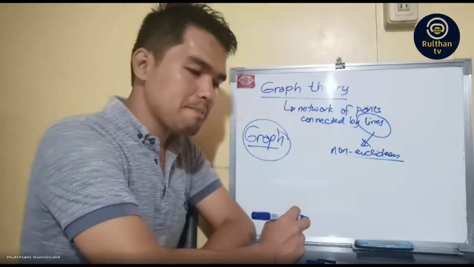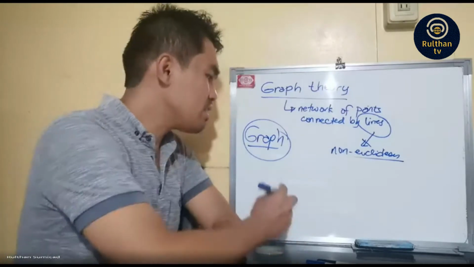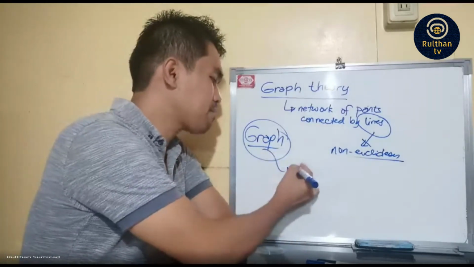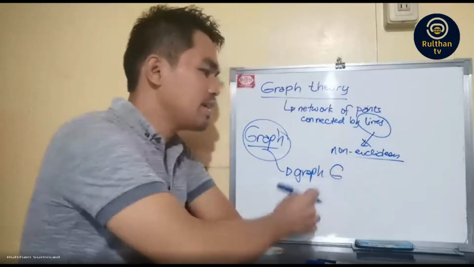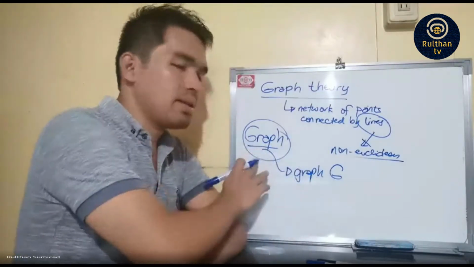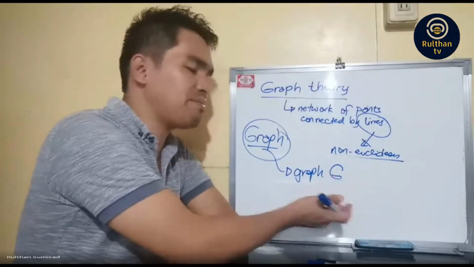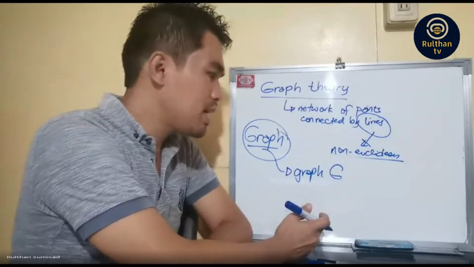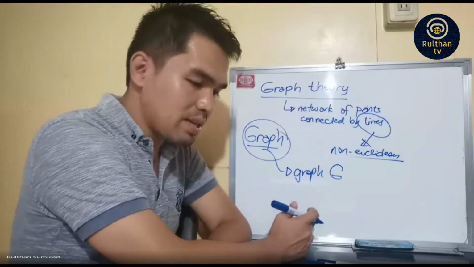What is a graph? Accordingly, graph G, as defined, is our arbitrary element that we name the graph. Basically, we can name the graph any capital letter for that matter, but to make a general statement, we call it graph G.